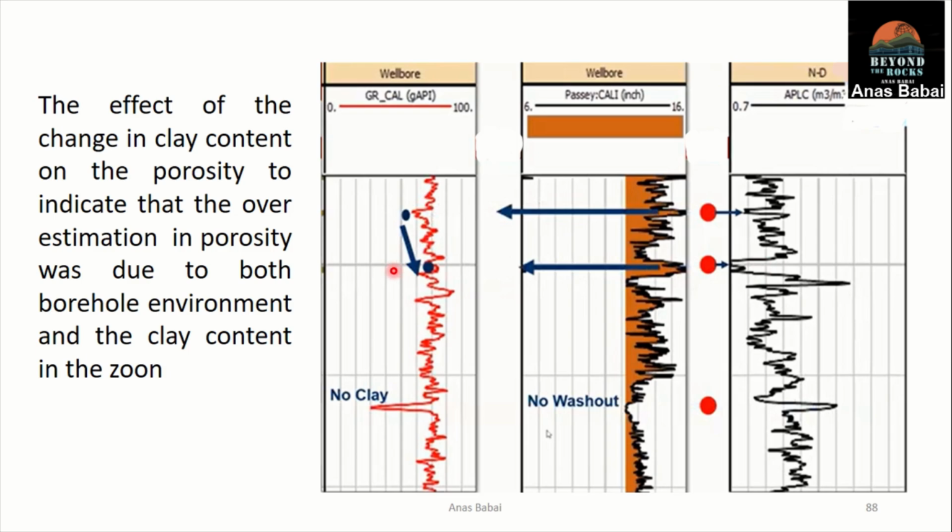So the porosity value is not related to the gamma ray here, or not related to the lithologies in the gamma ray here, but it's related to the presence of shale in this interval. We have a high amount of shale here and that caused the high reading of the porosity, and we have a lesser amount of shale here that reduces the amount of porosity in this interval.